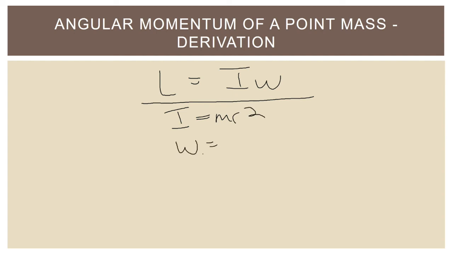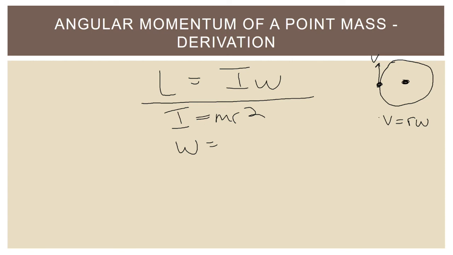Additionally, we said here that we are mathematically treating this object, which is just going to be moving with some linear velocity tangent to the circle, as though it was part of a rotating object. And when we were doing that, we were saying the relationship between the linear velocity and the angular velocity of a rotating object was v equals r omega.